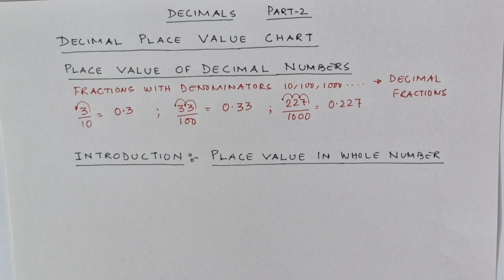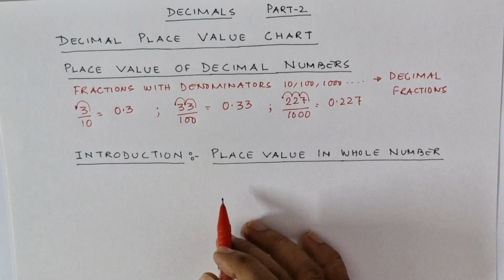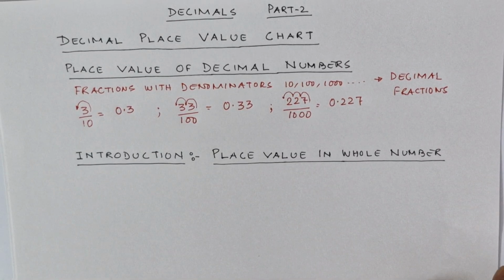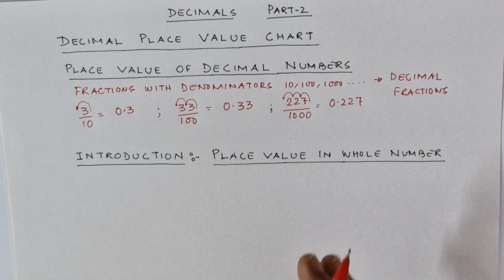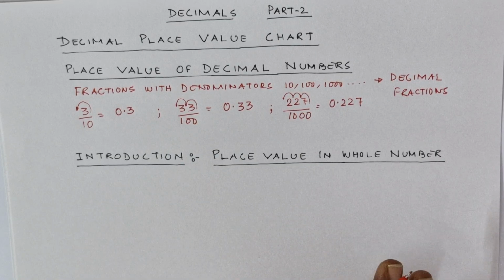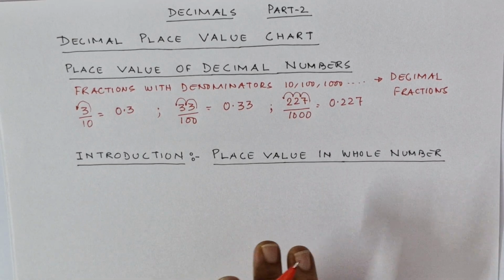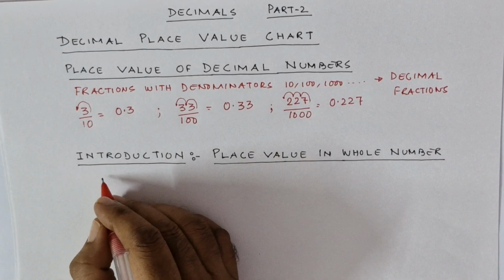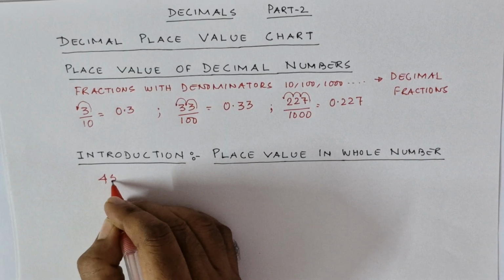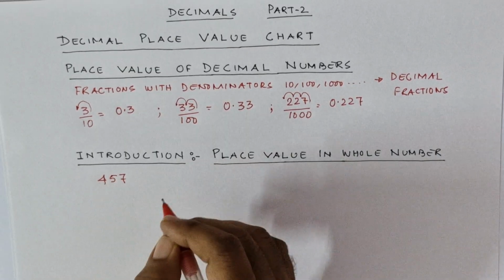Okay, let's move to the introduction. So what is the introduction? That is place value in a whole number. Now this is a very old concept that we have already covered in chapter 1, right? Place value. So I think you remember, students, and you already know this, right? For example, see, I have taken a whole number, 457.